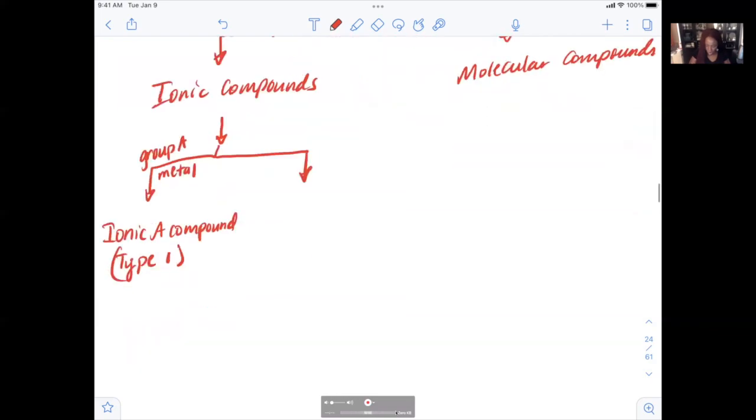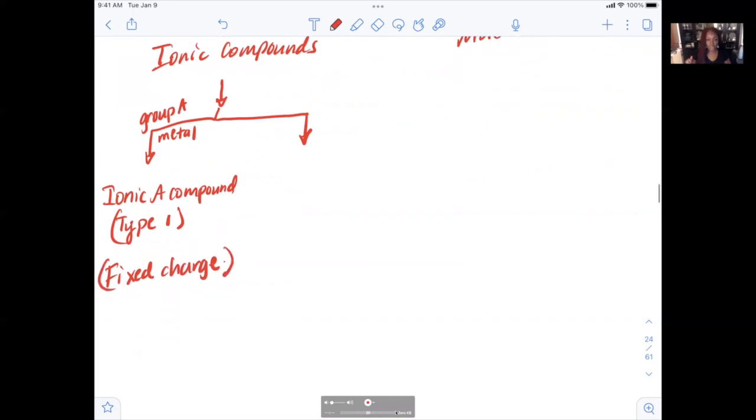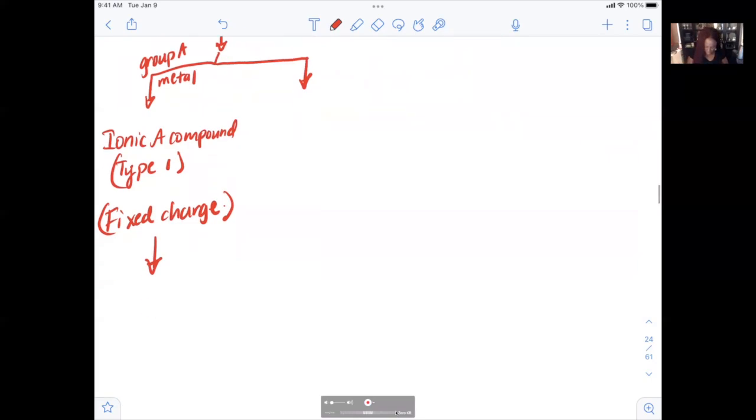Remember, this ionic compound has a fixed charge. It only has one type of charge, okay? These are all the rules about this. So when you're naming ionic A compounds, this is going to be your template. You're going to look for this format in the way it's named, okay? The template will be element, and then anion.